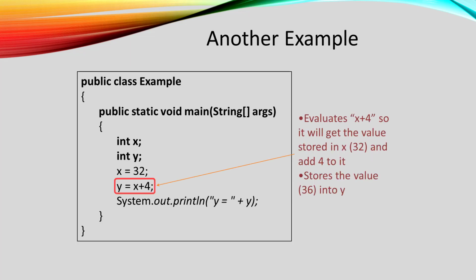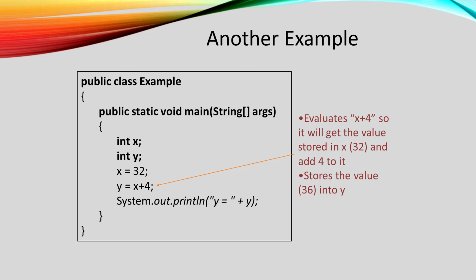We read this statement as y gets the value x plus 4. When it is executed, the computer first evaluates the value of the x plus 4 on the right-hand side. To do that, it gets the value out of x, the 32 we stored there in the previous statement, adds 4 to it, so the value of the right-hand side is 36.